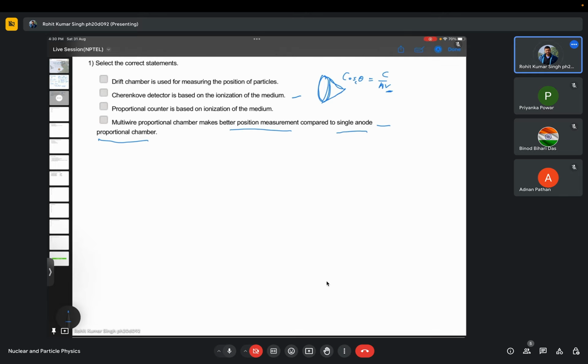So ionization doesn't happen because of the radiation. The radiation is just detected by these photomultiplier tubes. Ionization happens in the proportional counter or drift chamber. These work on the ionization principle of the medium.